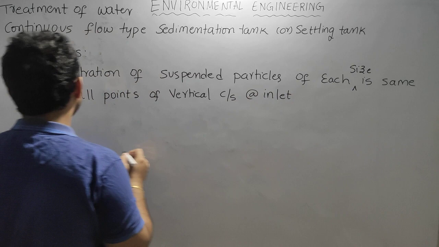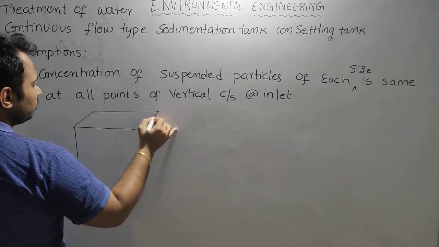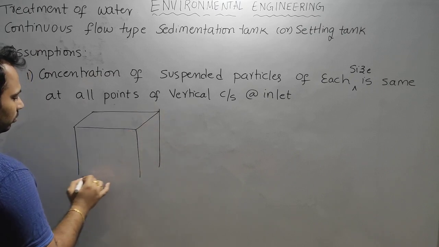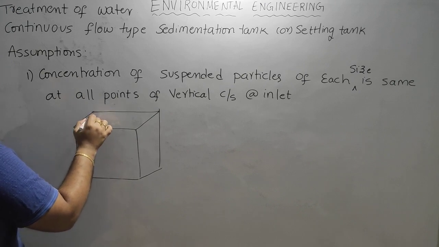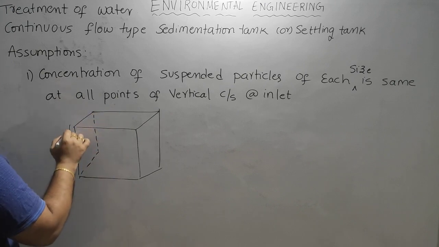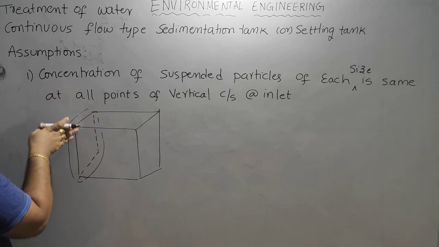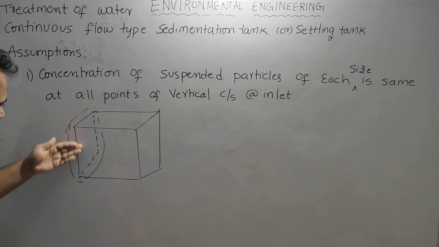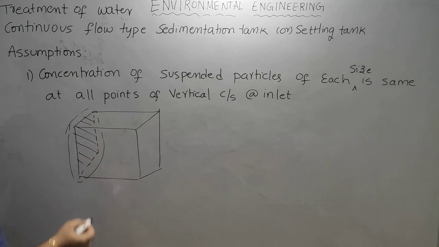So when this is a sedimentation tank, this is the inlet zone here. At this inlet zone, at this vertical cross section, the concentration of suspended particles of each size is the same at all the points.